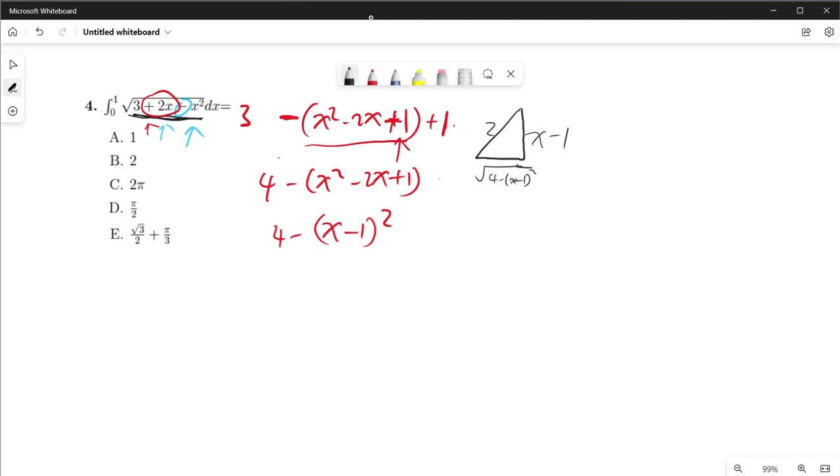So now I'll relate, let's see, this angle's theta. Then sine theta would be x minus 1 over 2. And then cosine theta would be the square root part over 2.